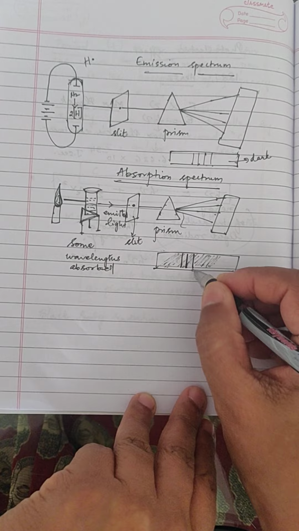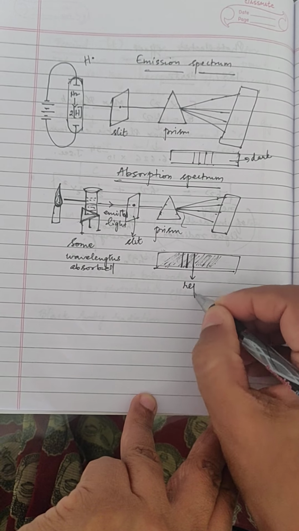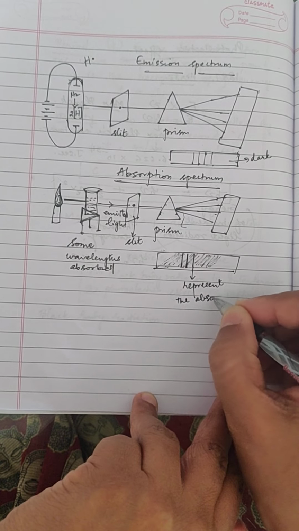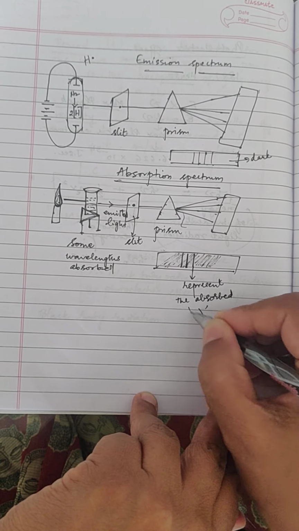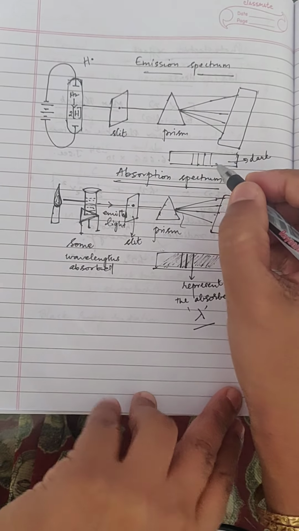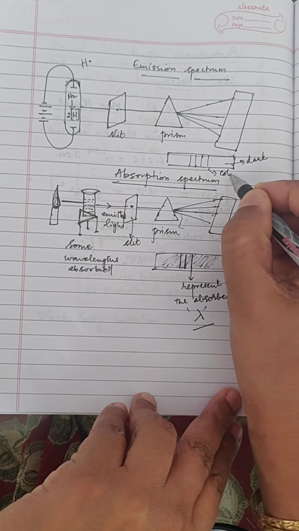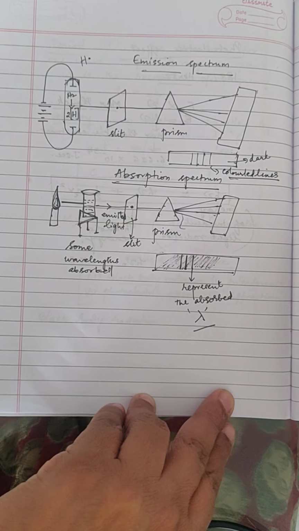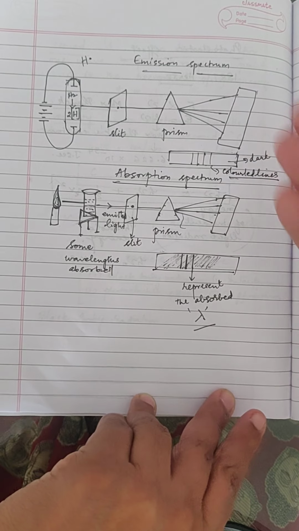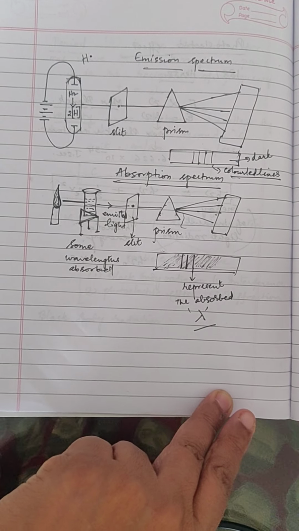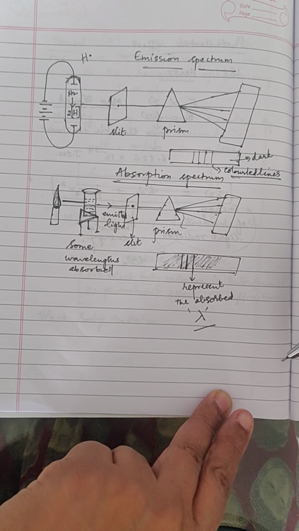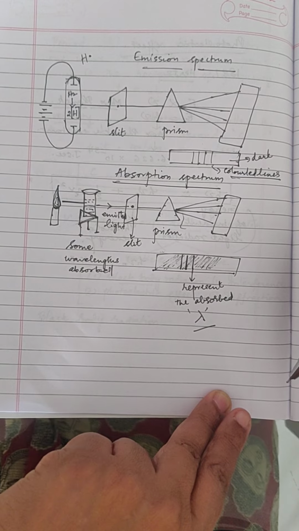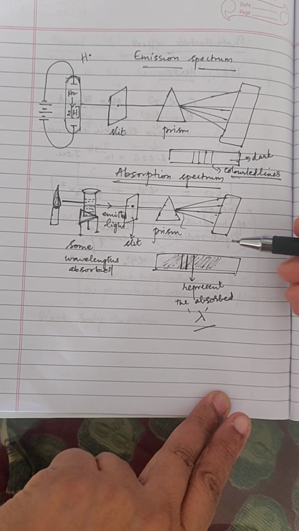So the dark lines represent the absorbed wavelengths, whereas here the colored lines represent the wavelengths which are released. So what they say is, absorption spectrum is a photographic negative of emission spectrum.